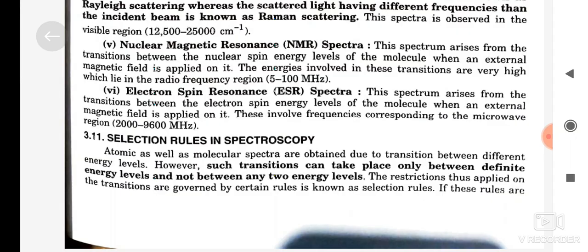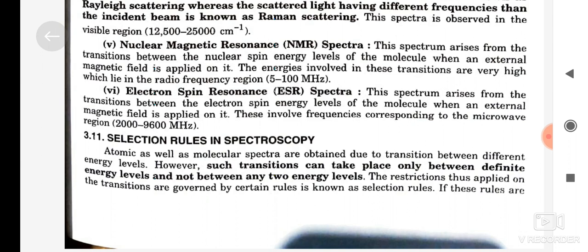Sixth, electron spin resonance, ESR spectra. This spectrum arises from the transition between the electron spin energy levels of the molecule when an external magnetic field is applied on it. These involve frequency corresponding to the microwave region, 2000 to 9600 MHz.